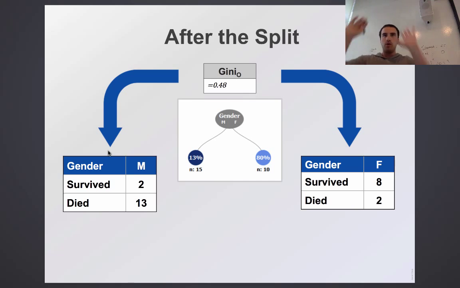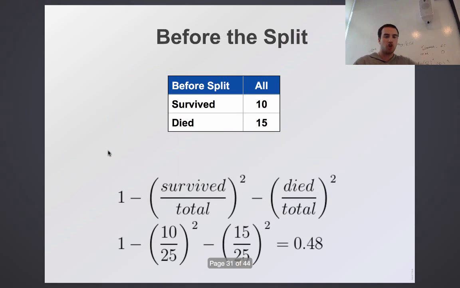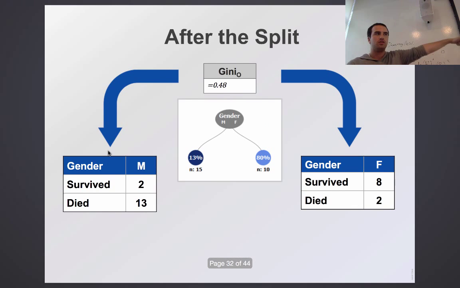So we have a baseline Gini coefficient, 0.48. That's where we're starting. That's how pure it is right now. And again, a lower Gini index is better. A lower Gini index means it's more pure, because it's more split up.